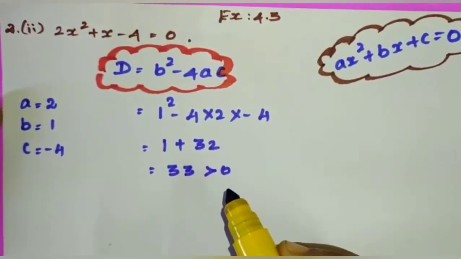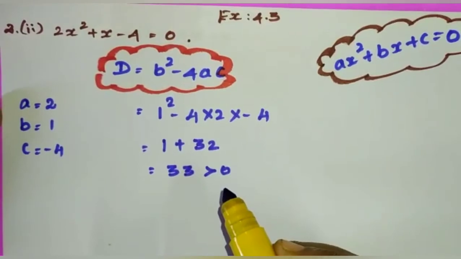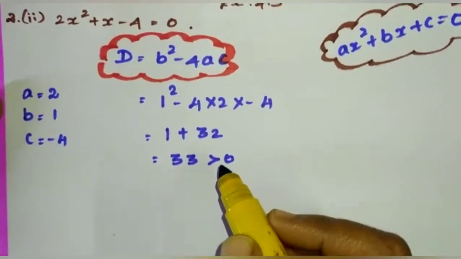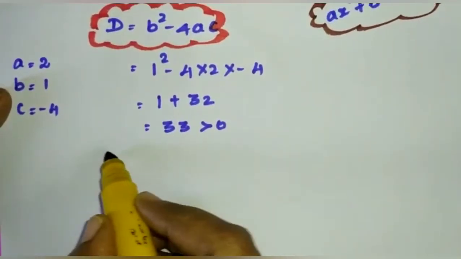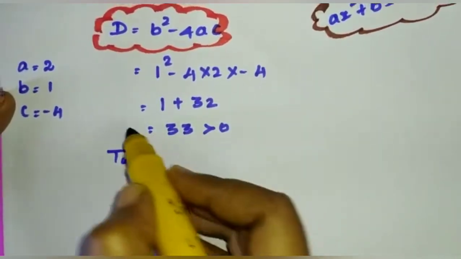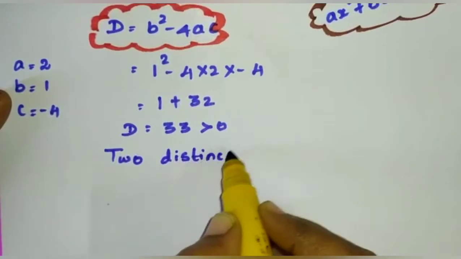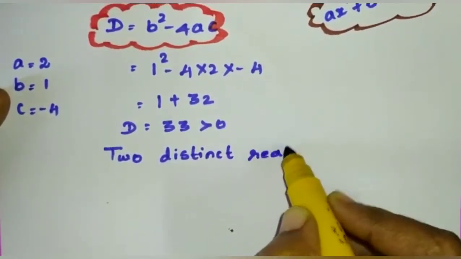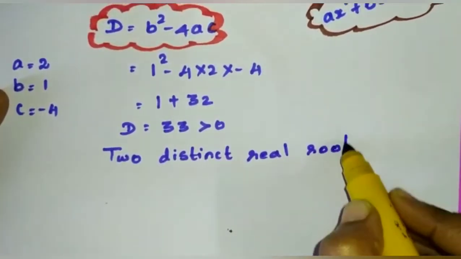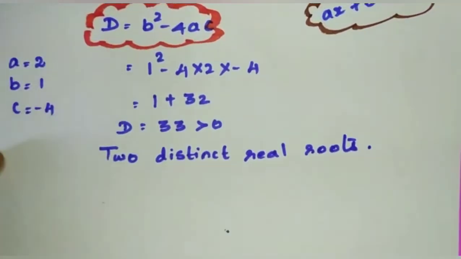Since it is greater than 0, you will get two distinct real roots.